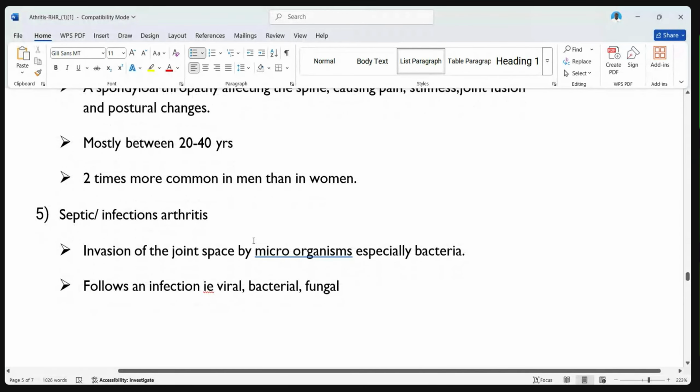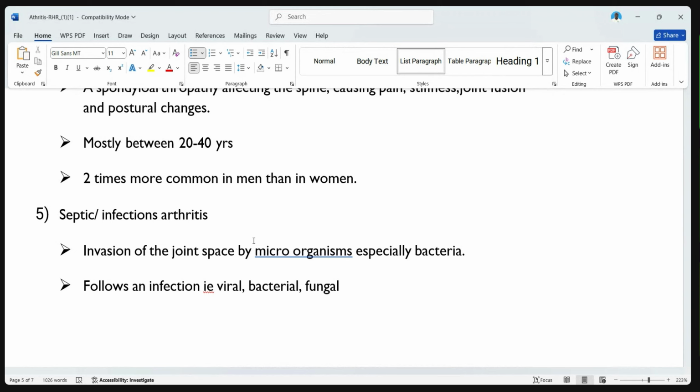And then we have septic or infectious arthritis, where the invasion of the joint space by microorganisms, especially bacteria, can actually cause this. Unajua ikiingia pale itakaa in the space of the synovial fluid. And this will disrupt the pH. This will disrupt the accumulation of that fluid.